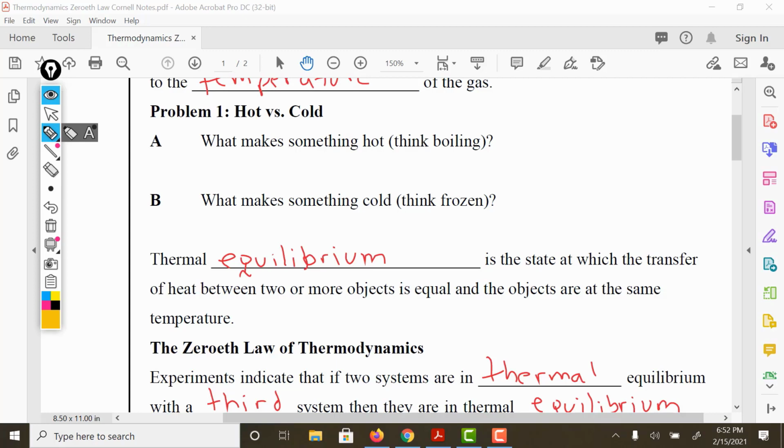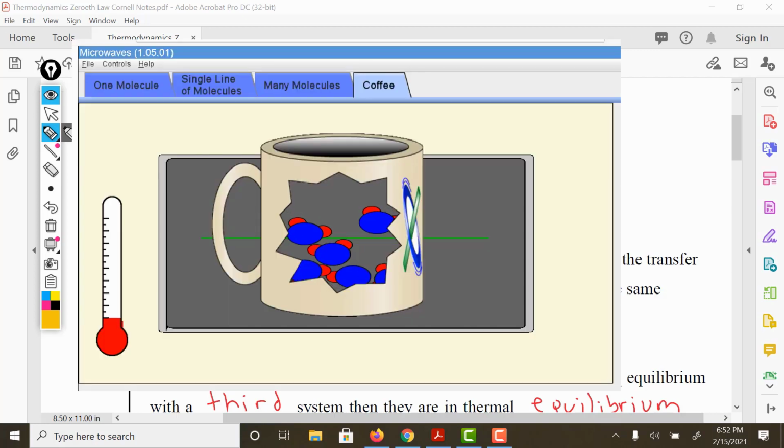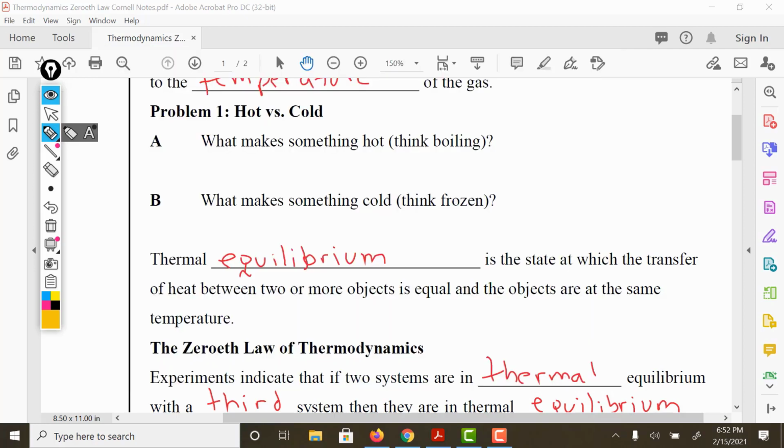Okay? So if all the molecules in a system are moving rapidly, then all the molecules in that system have a greater velocity, which means they have a greater kinetic energy. And kinetic energy ends up becoming responsible for making something hot. What makes something cold would be quite the opposite.